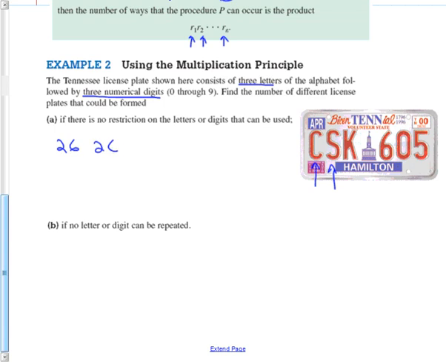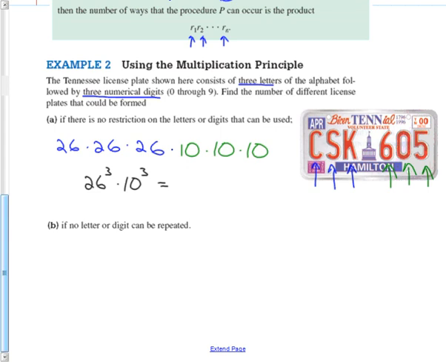I have 26. And 26. So I multiply them together. And then I multiply them by 10, 10, 10, because I have 10 digits and 10 digits and 10 digits. Now, obviously, you could shorten it up and call it 26 cubed times 10 cubed.